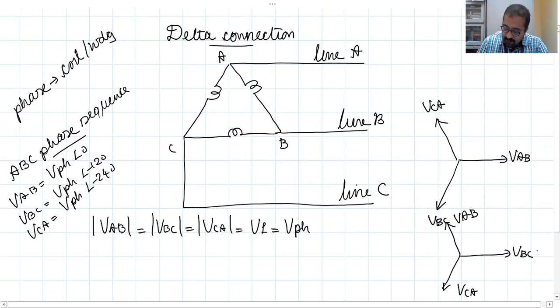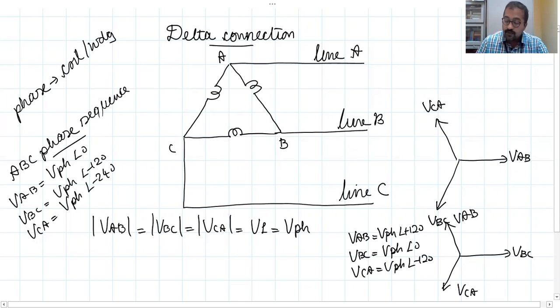Your VAB will be VPH angle plus 120, VBC will be VPH angle 0, and VCA will be VPH angle minus 120. Why? Because we assume the rotor is rotating in the anti-clockwise direction. So if you take a point here, first VAB will come, then after 120 degrees VBC will come, then after another 120 degrees VCA will reach the reference point.